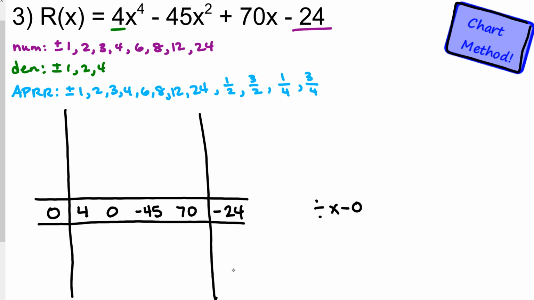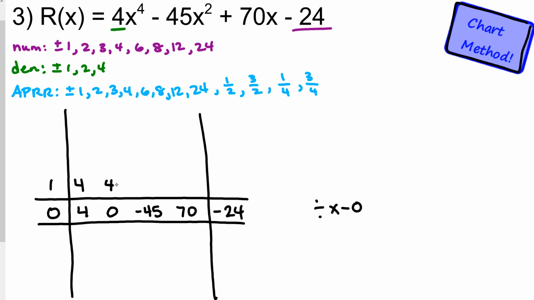Okay, next, let's say you want to try x equals 1. So it's like putting 1 in the box when you write it there. And you know how after you put a number in the box, you always bring down the first number? So here we are bringing down the 4. Actually, I brought it up. 4 times the number in the box would be 4 times 1, plus the next number 0 would be 4.